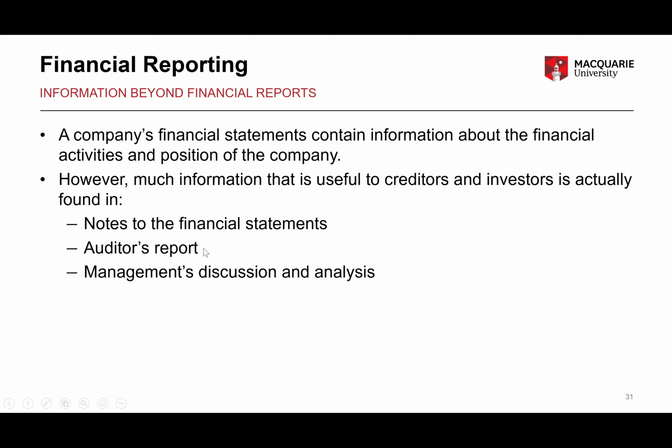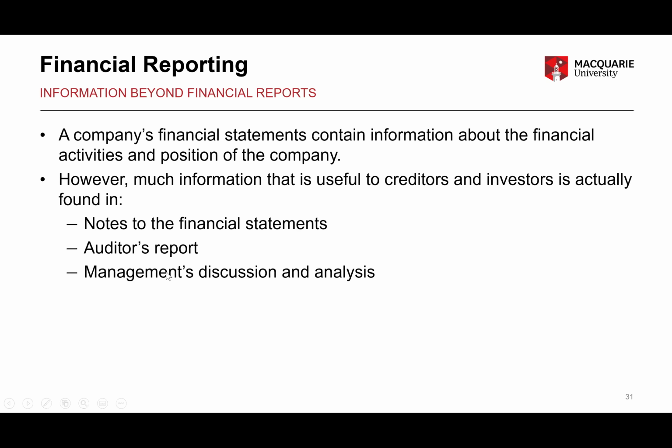The company must have an external auditor come in to check their reports to verify that they're accurate. We'll talk about that more later when we look at Woolworths. And also there will be management discussion and analysis, which is usually the management's view and opinion of the financial reports.